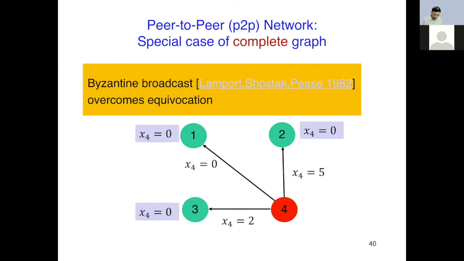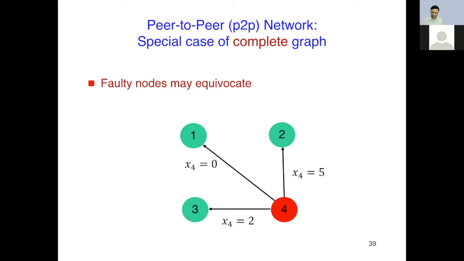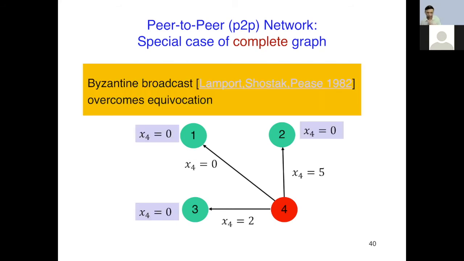There are a couple of ways of dealing with this kind of behavior in a peer-to-peer setting. One way is to essentially prevent equivocation, which is to say, we somehow force the faulty agent to either send the correct value or, if it is going to send the wrong value, we force it to send the same wrong value to everybody. Of course, the other agents don't necessarily know whether they're getting the right value or the wrong value, but they are at least assured that everybody's getting the same value, whether right or wrong.